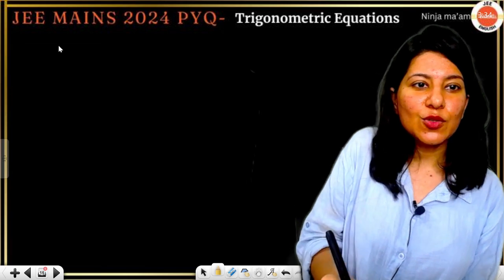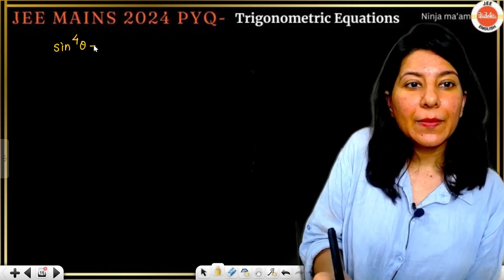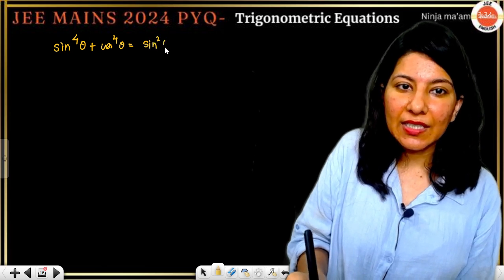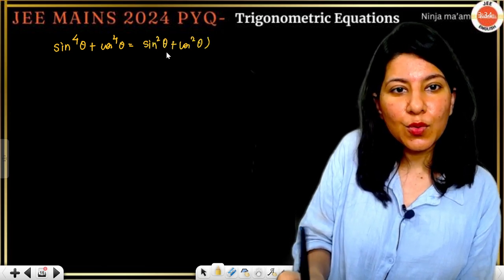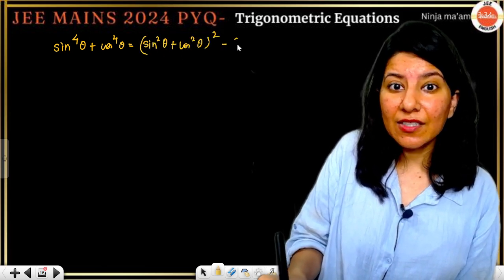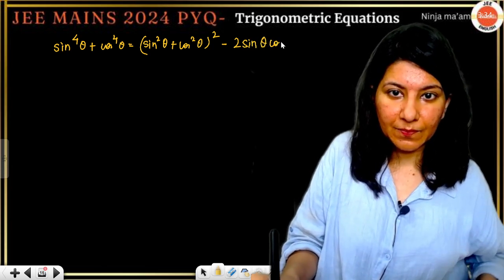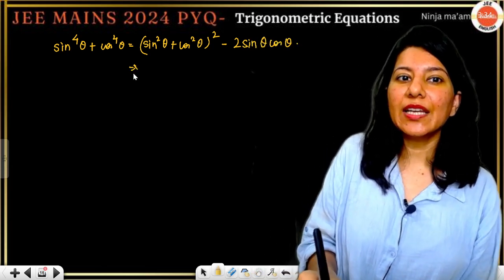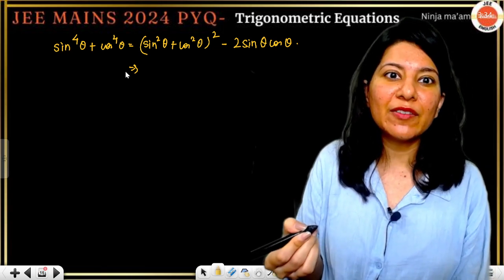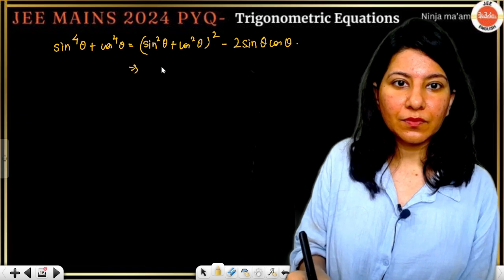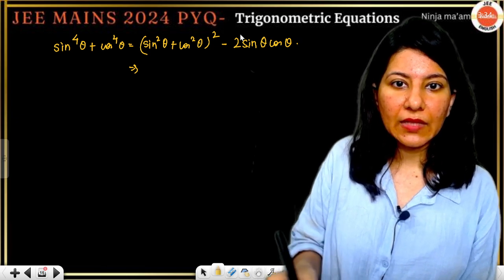So sine raised to power 4 theta plus cos raised to power 4 theta is what? Sine square theta plus cos square theta whole square, correct, minus 2 sine square theta cos square theta, right? Okay, a power 4 plus b power 4 is a square plus b square whole square minus 2 a square b square.